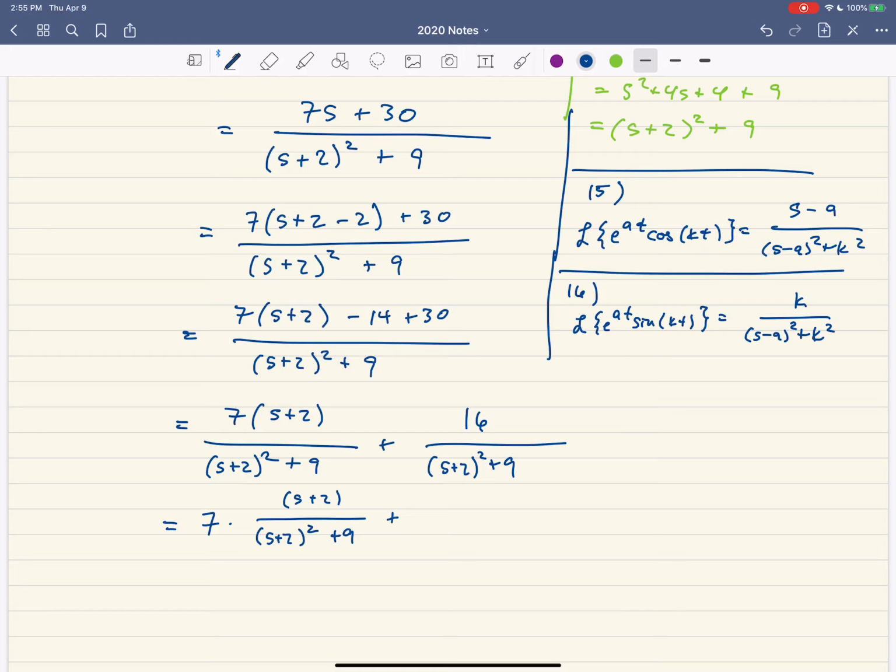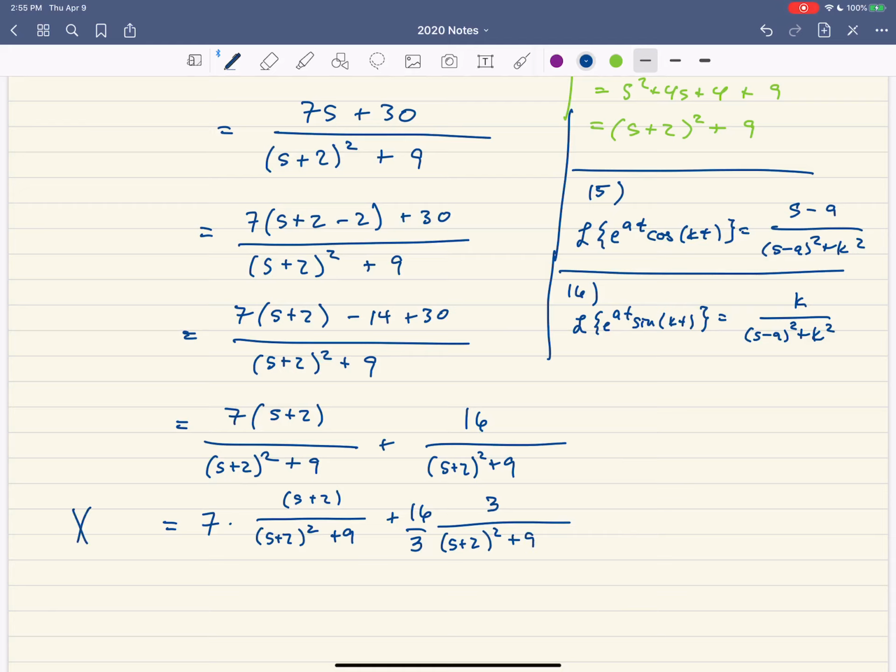Here we want our numerator to be, if our denominator has a k squared term in it, that means that k must be 3. So we want this to be a 3. We'll put a 3 there at the cost of multiplying by a third, and then we'll bring the 16 out as well. Now we have just a constant times what we're looking for.